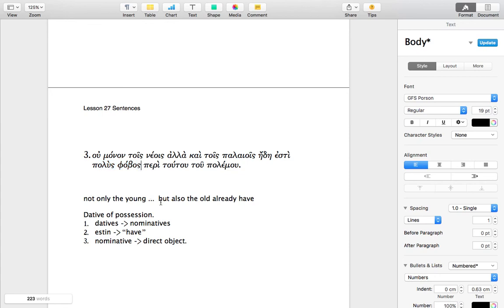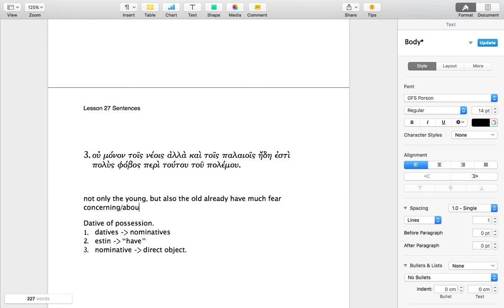So not only the young, but also the old already have much fear. Right? That's how you do dative of possessions. And then the last four words are fairly straightforward. Peri tutu to polemu, concerning this war, or about this or that war, depending on the context, right?